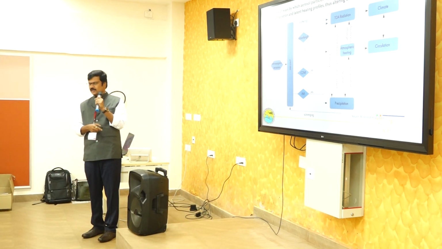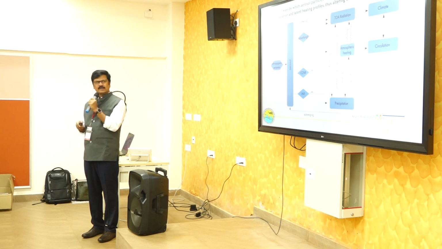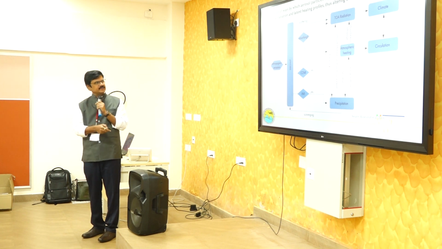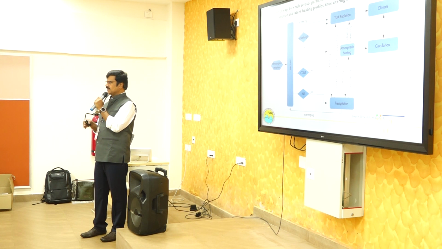And if absorbing aerosols are there, they can heat the atmosphere, so the stability can get altered. If stability is altered, you will see other effects, thermodynamic and dynamical effects. In turn, the aerosols affect the climate through direct and indirect effects.